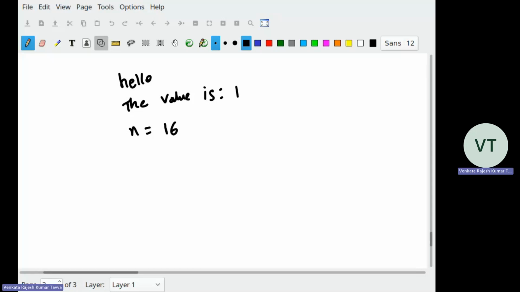Okay. Then the value of n will be 18. Okay. Let's see. Because it printed a 3-digit number. Earlier it printed only a 1-digit number. Okay. Clear?